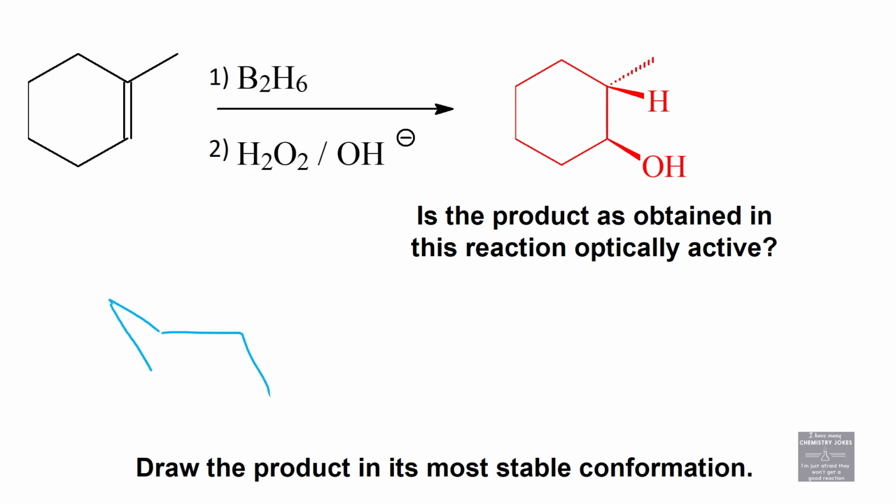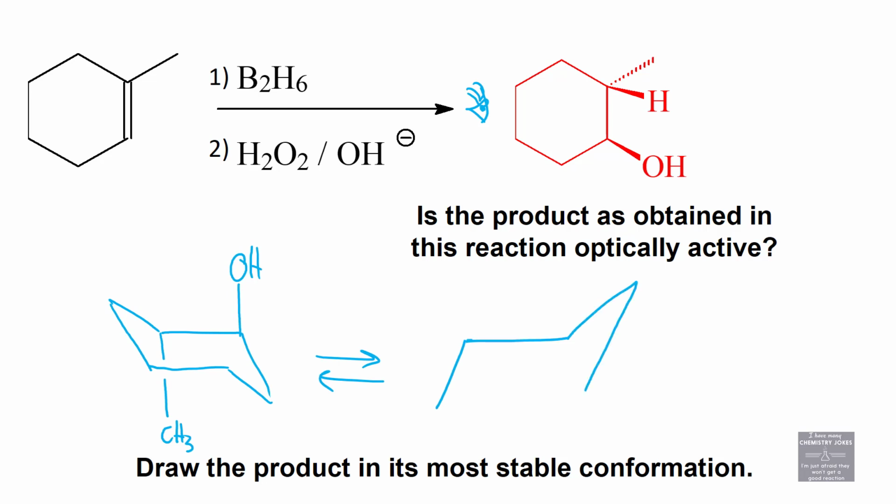So if I tried to draw that guy in a chair structure, if I look from my blue eyeball over here as standard protocol, based on what we've learned, that methyl is on the back carbon going down, that OH is on the back carbon going up. Yeah? That's not the most stable conformation, because both of those groups are axial. So if I did a chair flip, I would end up with both of those groups being equatorial.